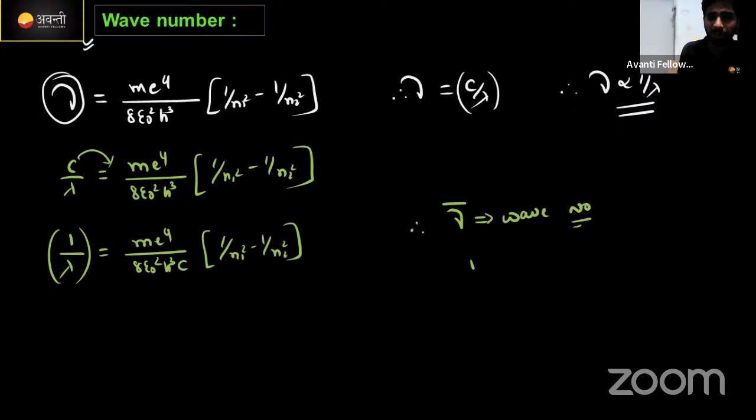Wave number value is equal to 1 by lambda. Clear?